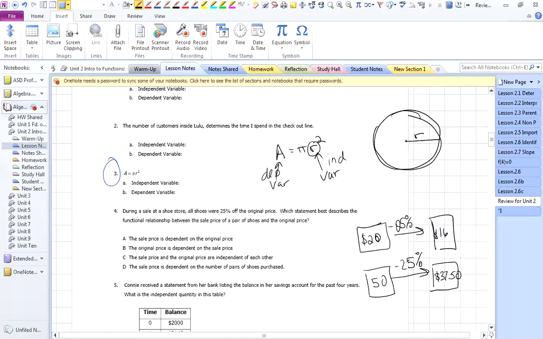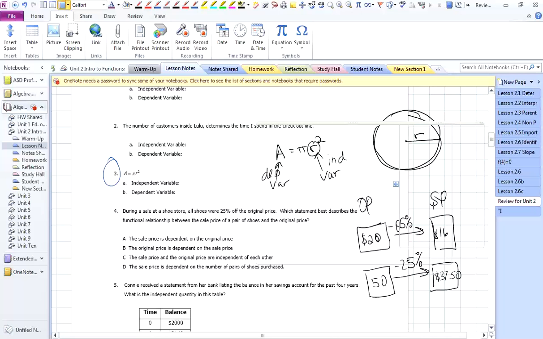How am I getting the new price? So this is the original price and this is the sale price. How am I getting the sale price? By subtracting the percentage from the original price. So what depends on what? The sale price depends on the original price.